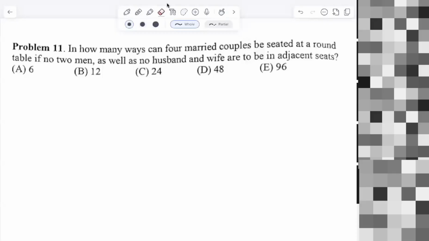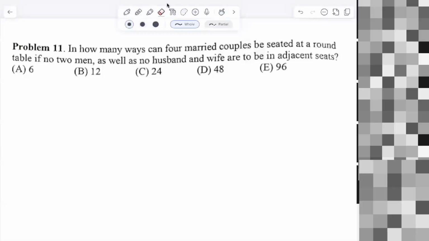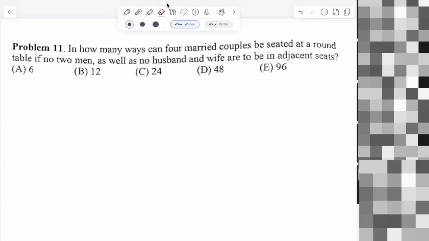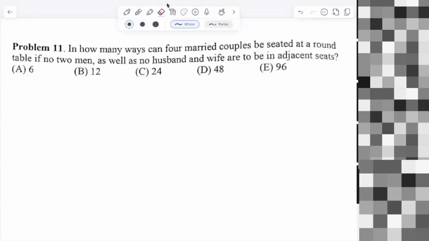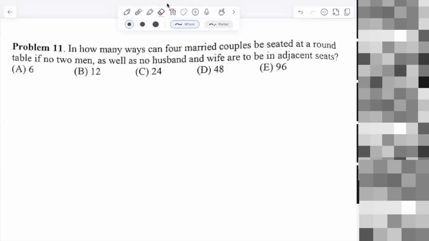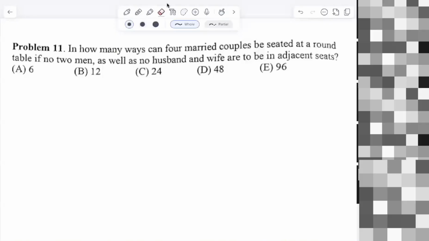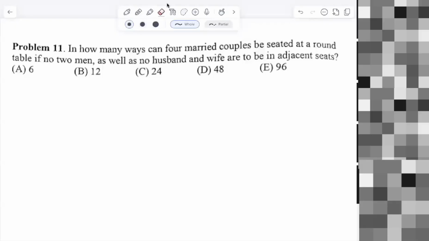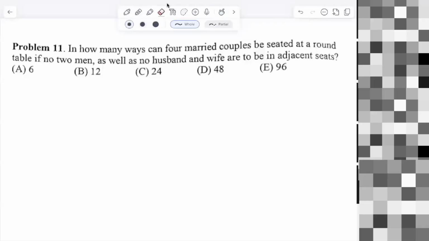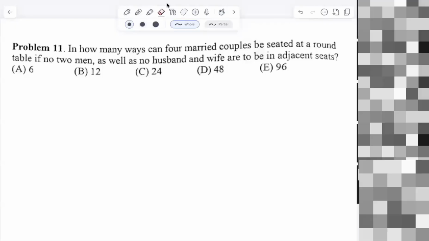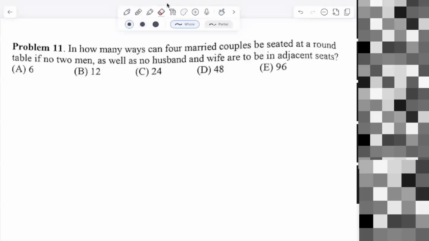So we have to divide by 4 to account for the rotation, since there are 4 women. Okay, so now let's say we do the women first. Now we would have 3 factorial ways to place the women.